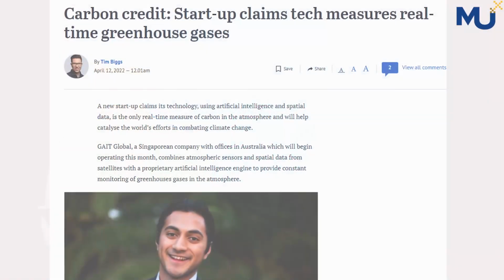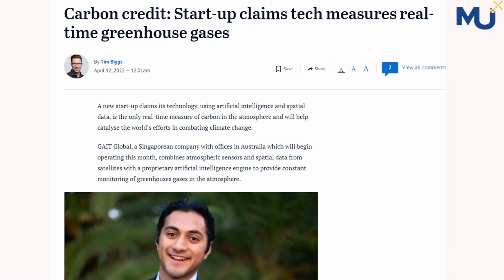You can really synergize your resources and effort with partners. A good example that I'd like to share with you is a company that promotes the use of AI technology for measuring, reporting, and reducing the carbon footprint in operations and supply chains.